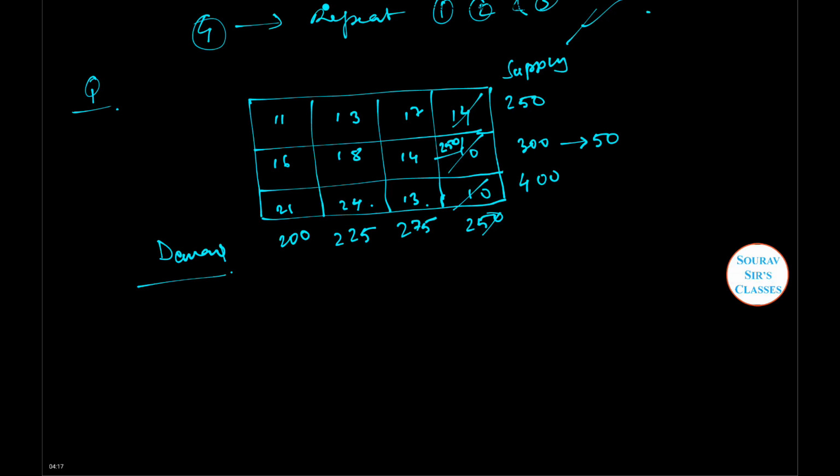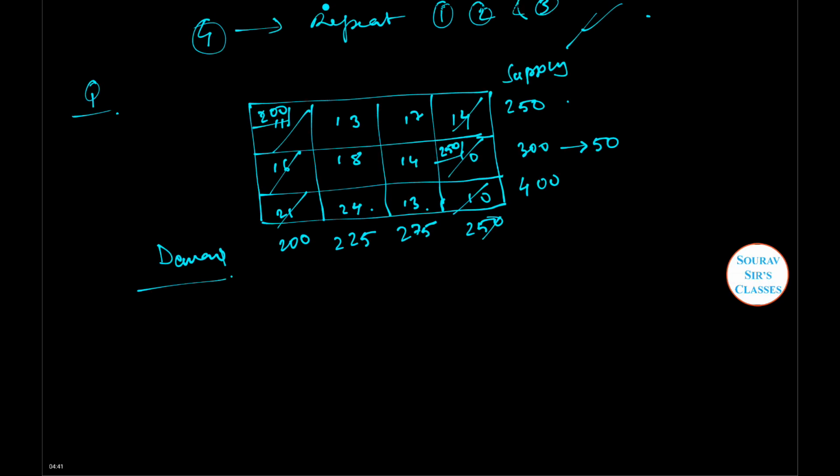Now the next minimum element after crossing that column is 11, and its demand is 200 whereas supply is 250. Hence we allocate the minimum value, that is 200, to this and cross this particular column.